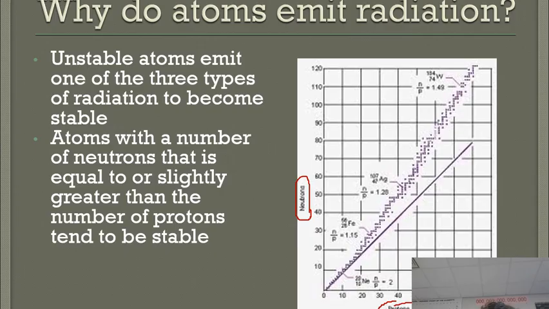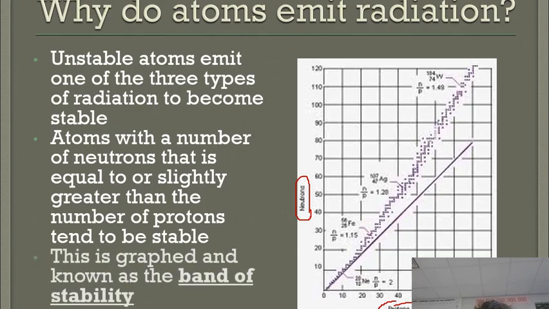But as we get bigger nuclei, you notice that you need even more neutrons to keep the nucleus stable. So it's equal really early on, numbers of protons and neutrons, but as it gets much bigger, then you've got to have way more neutrons to keep it stable.